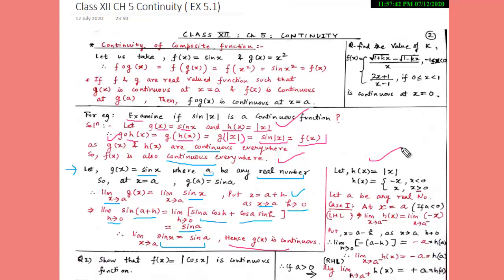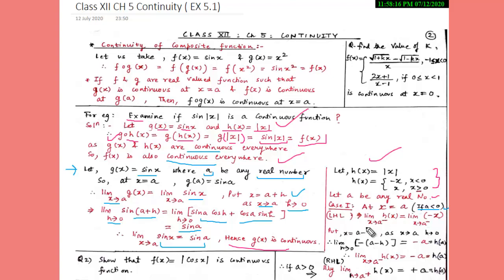And now we will prove that h(x) is also continuous. So here, as you can clearly see, h(x) is a modulus function, and we know that the modulus function has two values, that is if x is less than 0 we have minus x, and if x is greater than 0 we have x. So here let us take a real number a. So from here we have two cases. Our case one is that first we will check if a is less than 0. So student, from here we will take the left hand limit, which is limit x tends to a minus h(x), and this equals limit x tends to a minus.